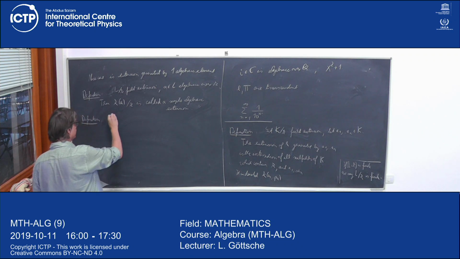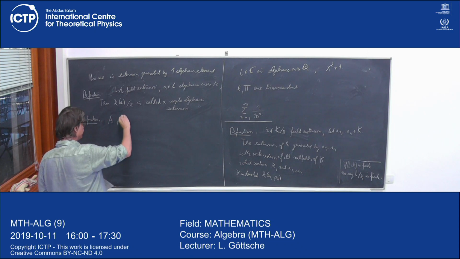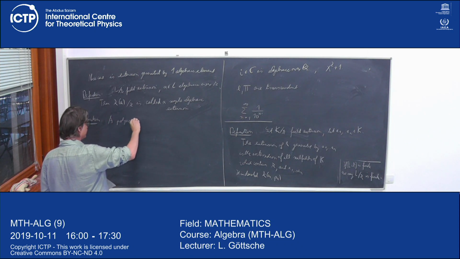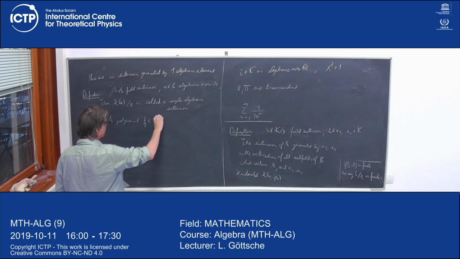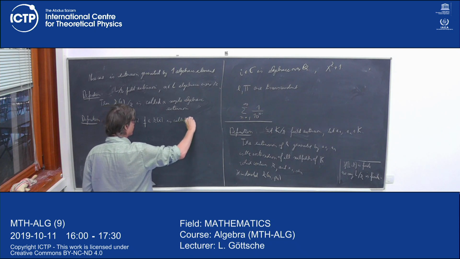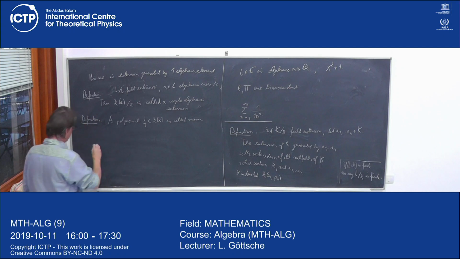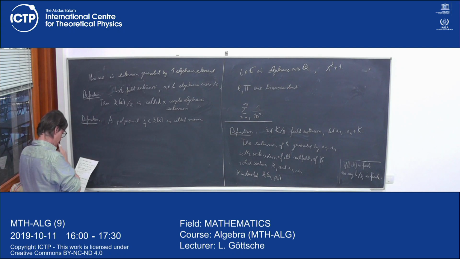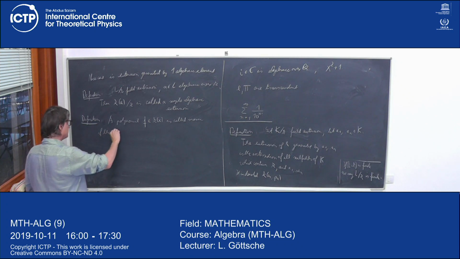So first, I think I already had this, but I repeat it. A polynomial f in K[x], where K is a field, is called monic if the leading coefficient is 1.